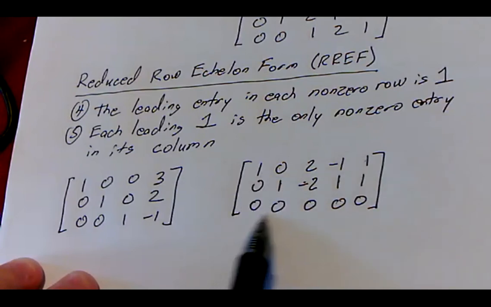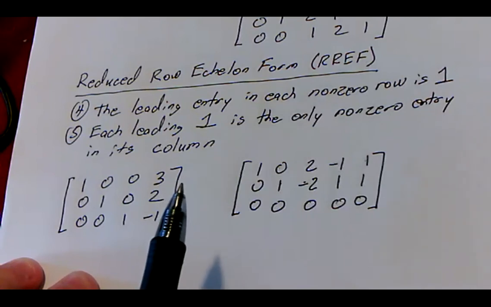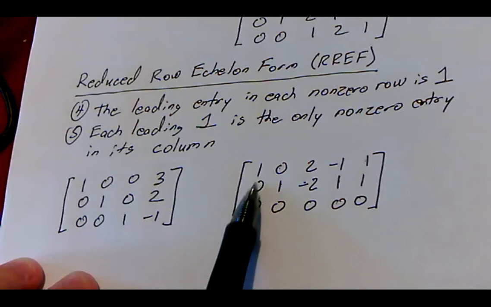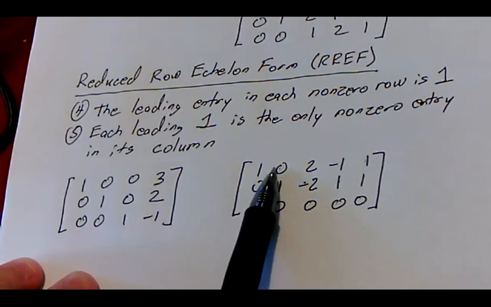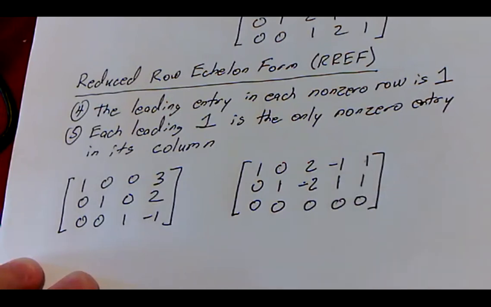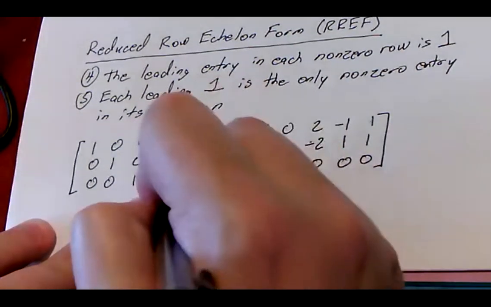They're those 2. I have a row of all zeros in the bottom row, so that's fine. Remember, they're at the bottom. As long as they're at the bottom, it's good. Okay, and I look below this 1, I have all zeros. I look above and below this second leading entry, and I have all zeros. There are no leading entries in these columns, so I don't have anything to worry about there.